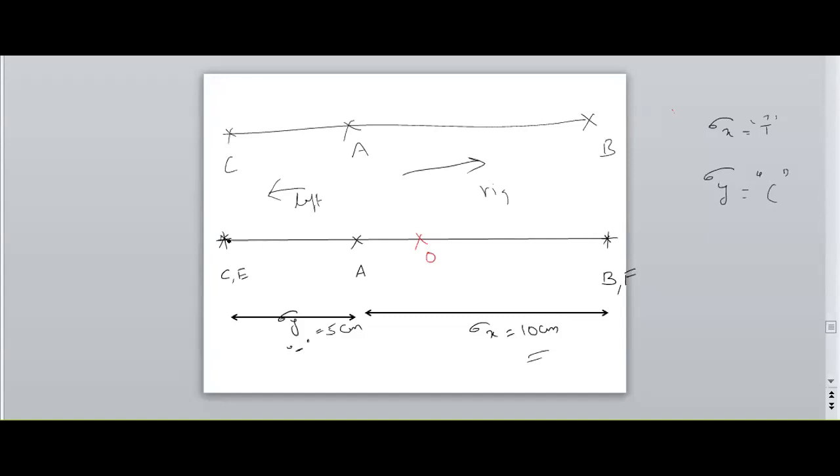Therefore, C will be seen here towards the left hand side of my A.